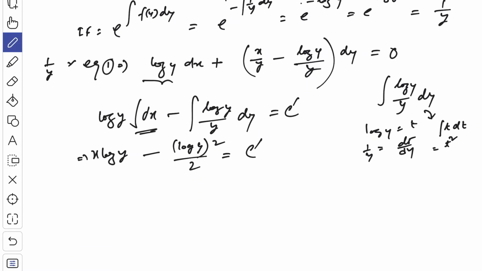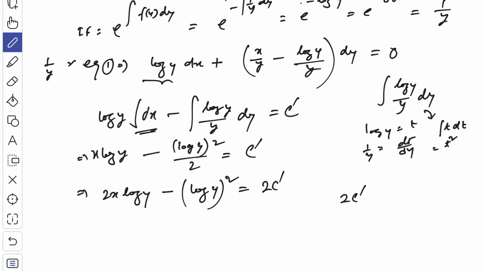So now multiply both sides by 2, then you will get twice x log y minus log y whole square is equal to twice c dash, and take twice c dash as capital C. Suppose then this is your solution, 2x log y minus log y whole square is equal to capital C.